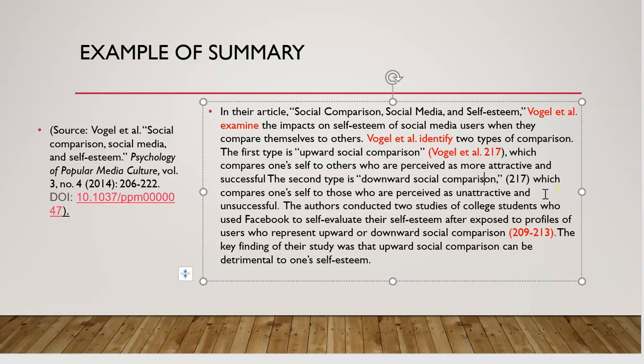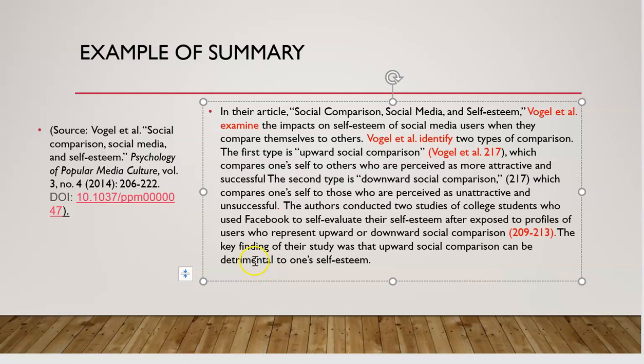Okay, and then finally, you can describe the basic experiment that they did, or the study that they did. In this case, they were doing 2 studies of college students and measured the self-esteem after exposing these college students to various profiles of Facebook users, and then the final results are given at the very end.